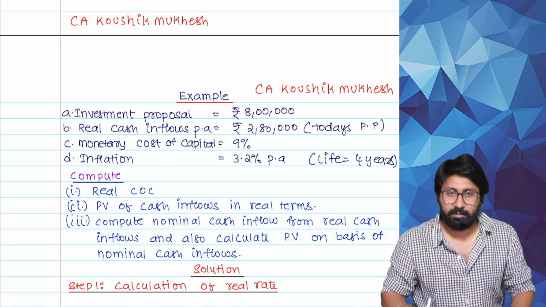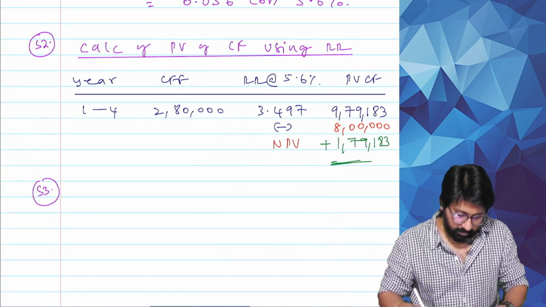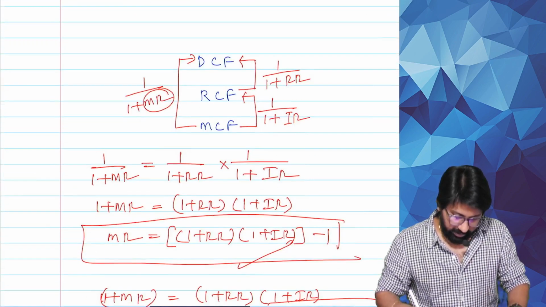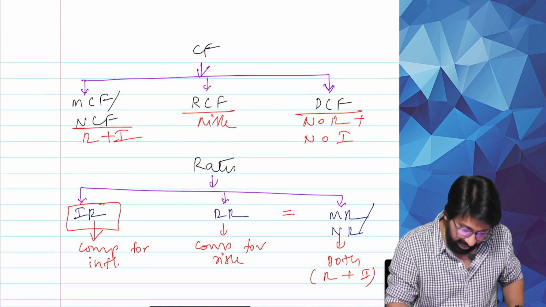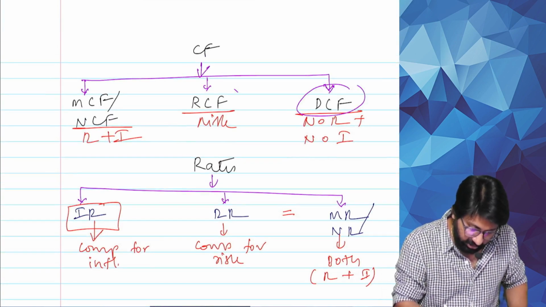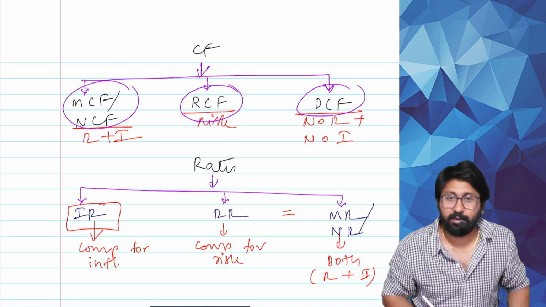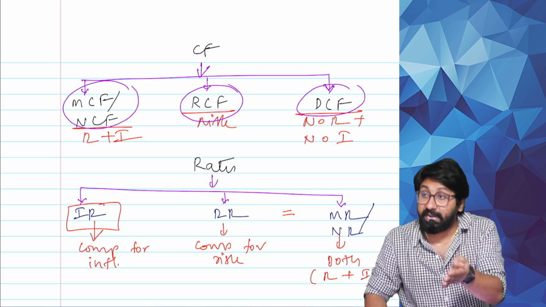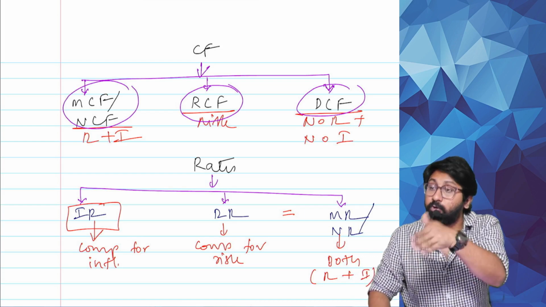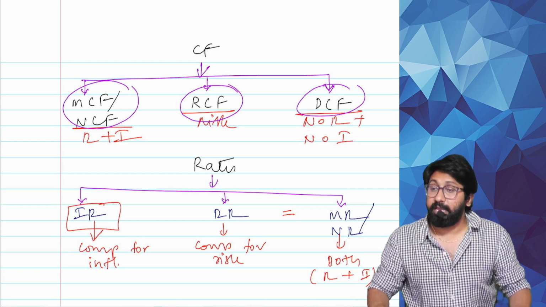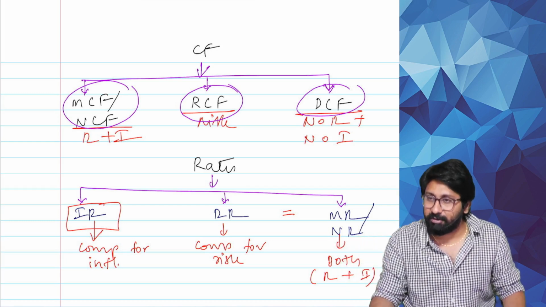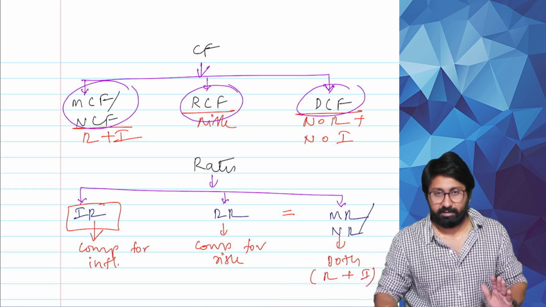First, tell me this. He is asking to calculate discounted cash flow, real cash flow, money cash flow. It should exclude inflation, include inflation. Exclude means you will divide. Include means what you have to do? Multiply that. Clear, everyone?